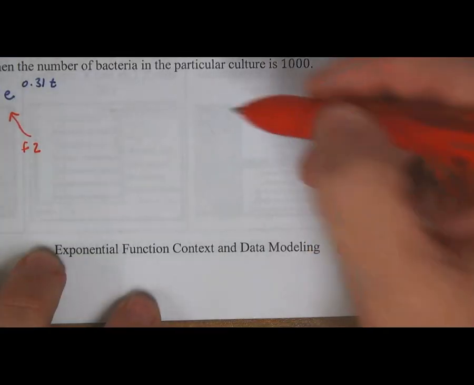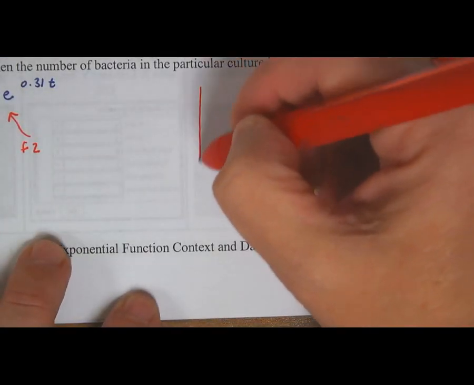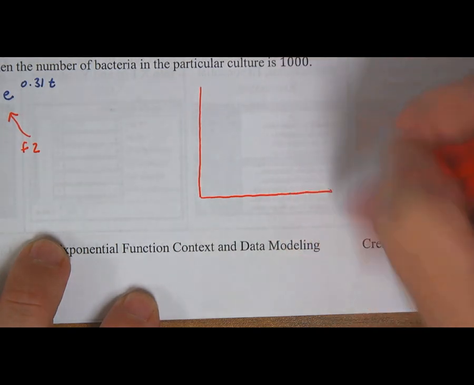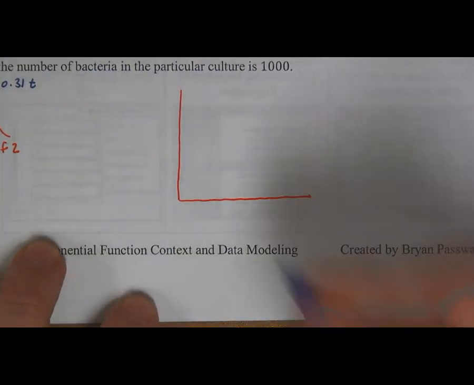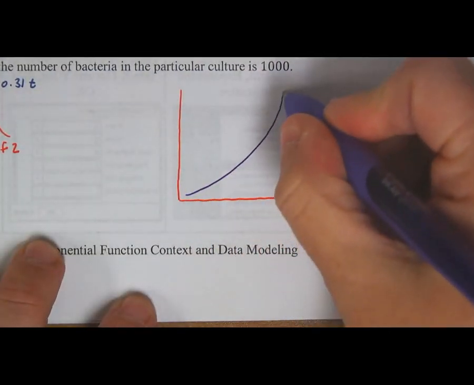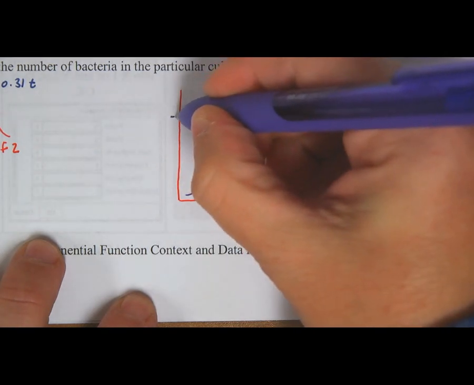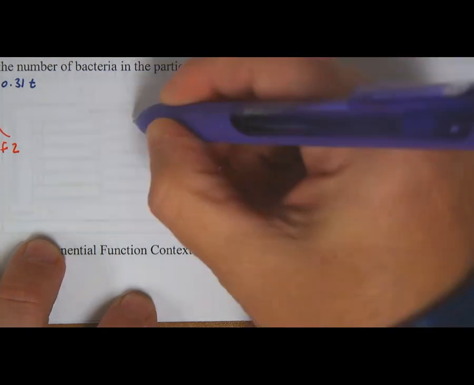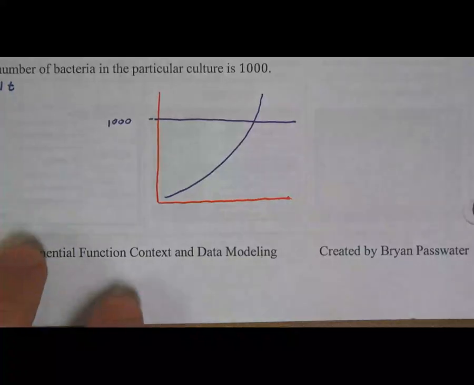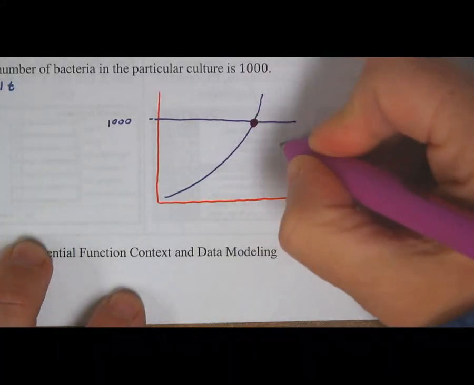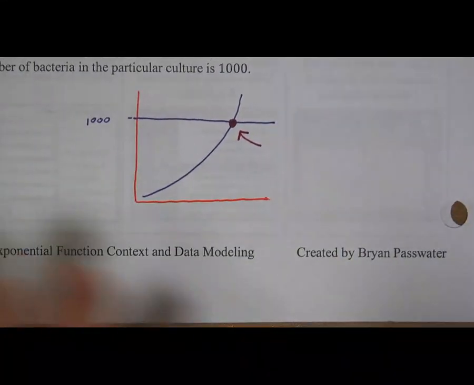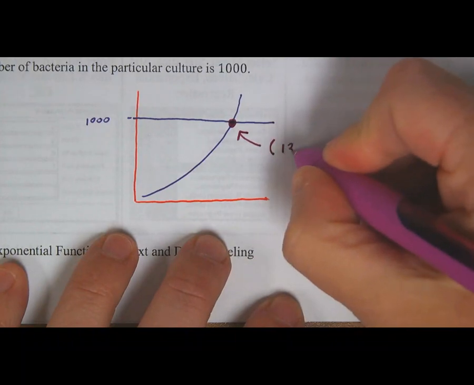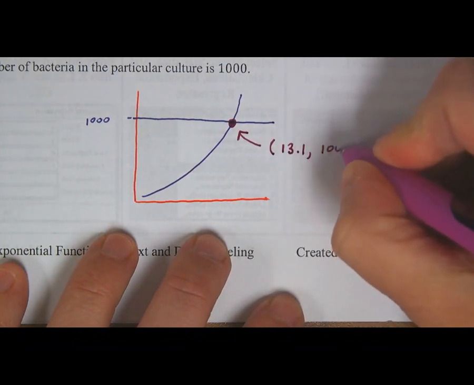Right here I want you to draw a picture for yourself. We just found where the exponential and the line at 1,000 intersected. They intersect at 13.1, comma, 1,000.